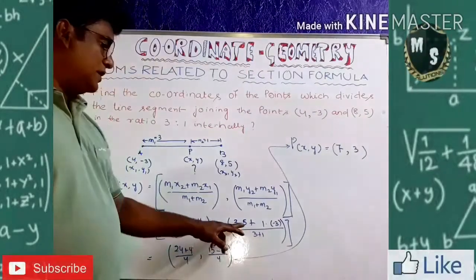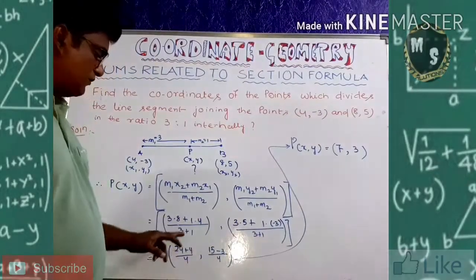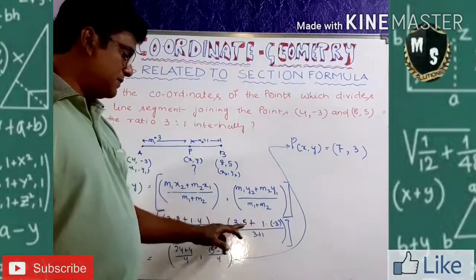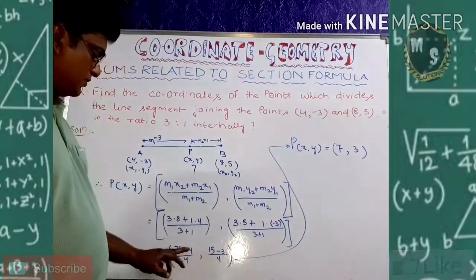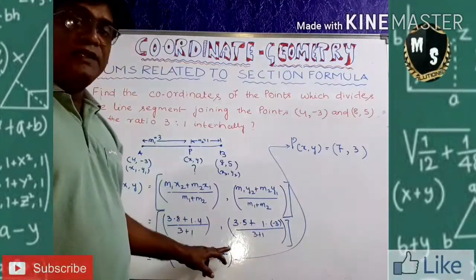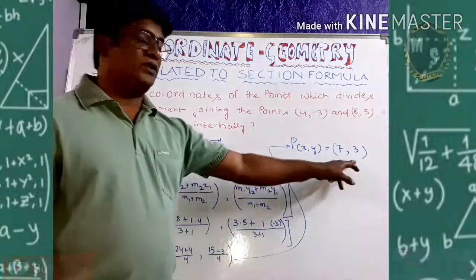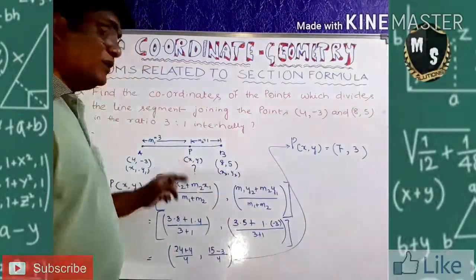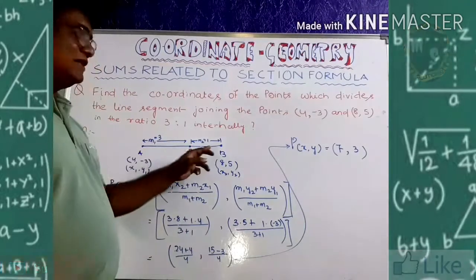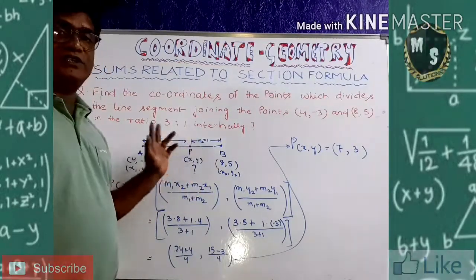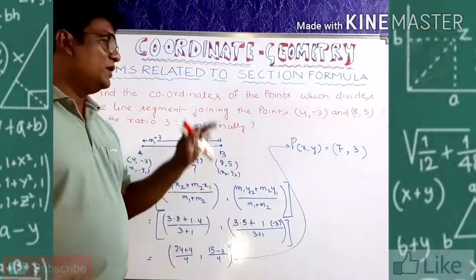So now multiply 3 into 8 is 24, 24 plus 4 by 4, 15 plus 1 into minus 3 by 4. It is 28 by 4, that is 7, and 15 minus 3, 12 by 4, it is 3. So 7, 3 is the coordinate of the point which divides the line segment joining these 2 points in the ratio 3:1. I hope you understood it.